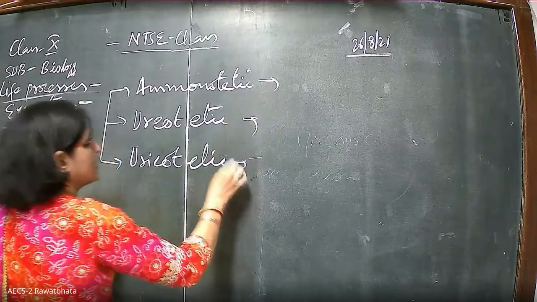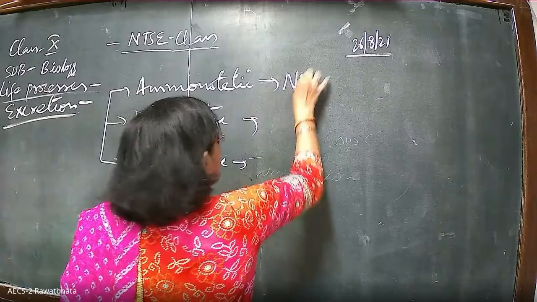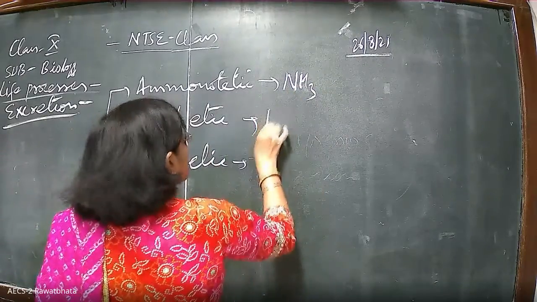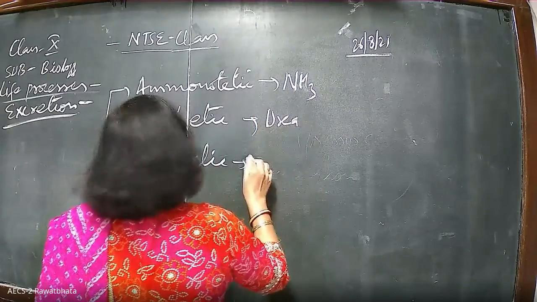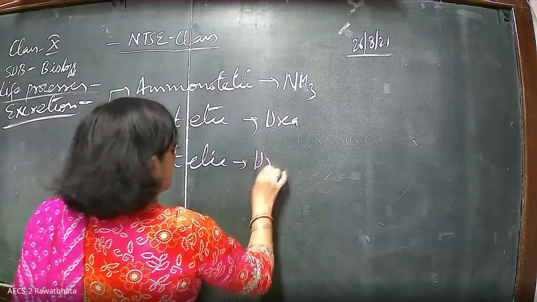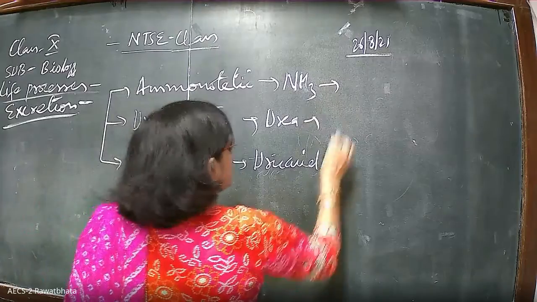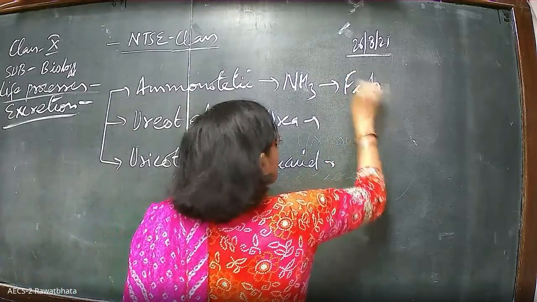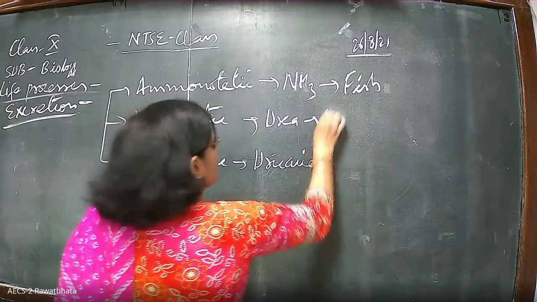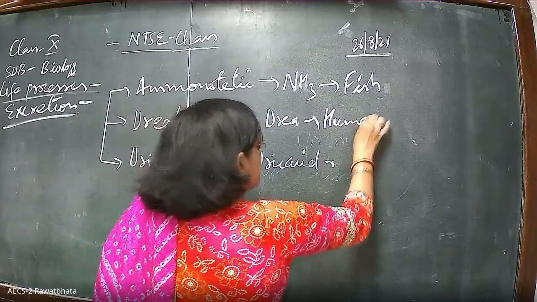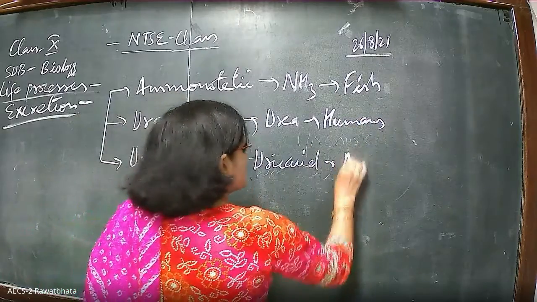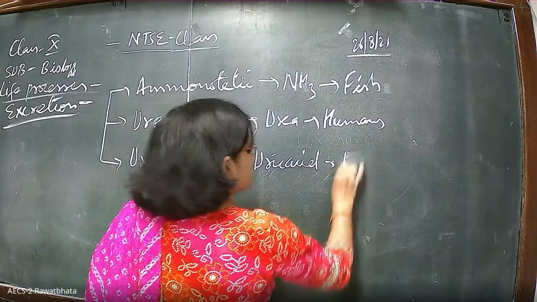That means in the first case, ammonia is the end product, in the second the end product is urea, and in the third it is uric acid. This is the case in fish for ammonia, in humans for urea, and in birds for uric acid.